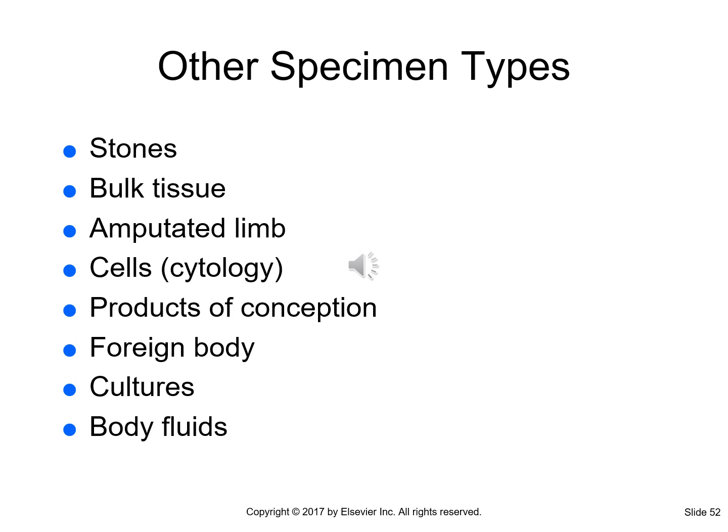So some other specimen types, obviously it talks about stones. If you get stones like kidney stones, urinary tract stones, gallbladder stones, those obviously have to be retrieved and sent. If we do bulk tissue, this is organs or partial organs that are received, like a big bulk tumor, some type of tissue that we're sending.